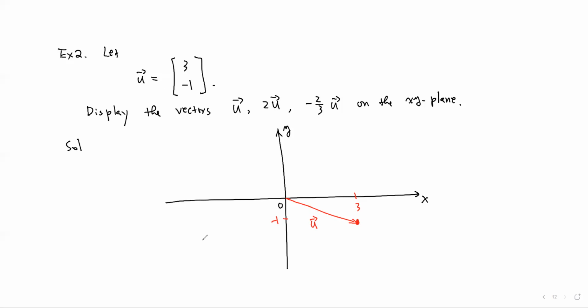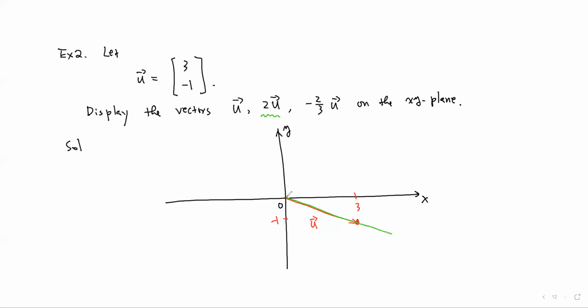How to get 2 times u? 2 times u is a vector. The length is twice the length of vector u. Okay, so from this point to this point, the length is the length of u. Now, twice the length. So let me draw.